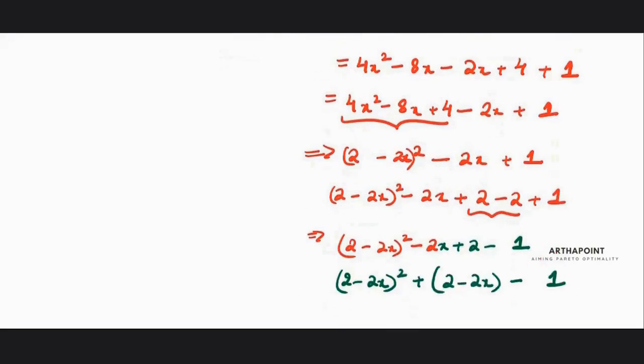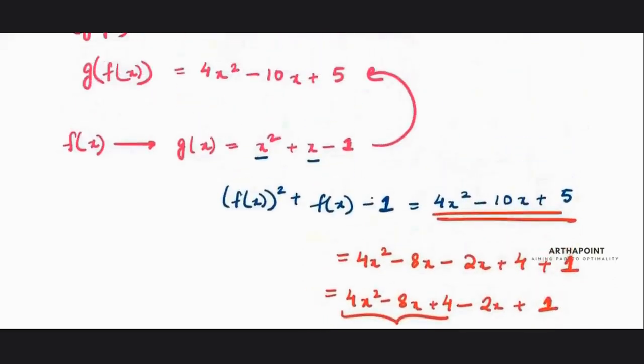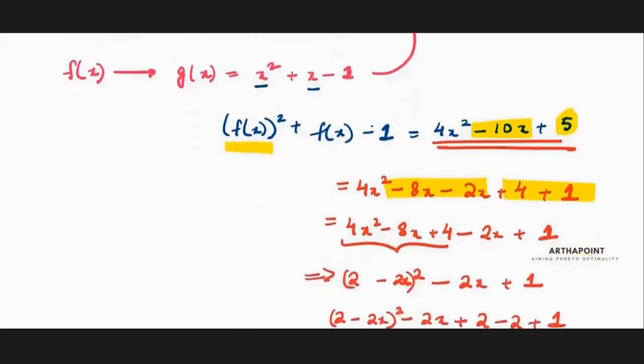Is this fine? I am doing some very basic manipulations. First of all, I wrote this minus 10x as minus 8x minus 2x. I wrote this 5 as 4 plus 1, because I want to bring the square of something here. That is why I did this.